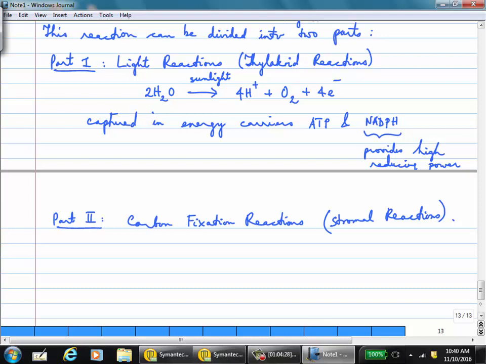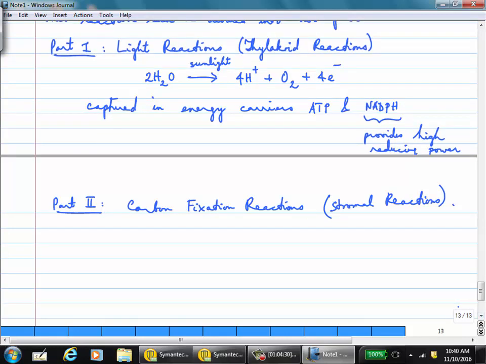Basically, in these stromal reactions or carbon fixation reactions, the ATP and NADPH that has been produced in part 1 are going to be used to drive the second set of reactions. So ATP and NADPH from part 1 are used to drive carbon fixation.